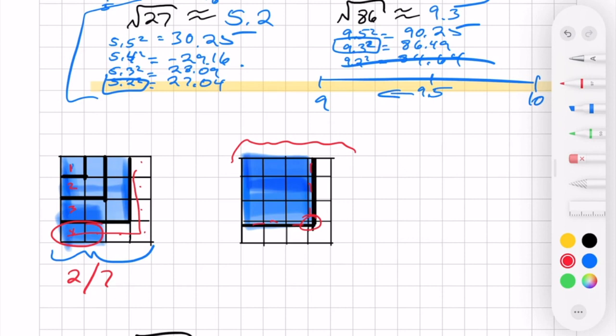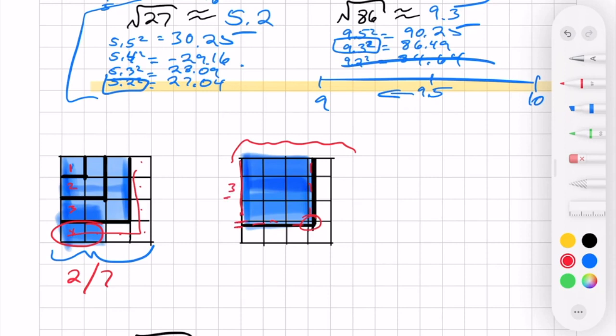So what will knowing how much of each square in the last layer is shaded tell us? What it's going to tell us is the side length of the square. This is 3 from here to here, and this little part here tells us how much bigger it is than 3.